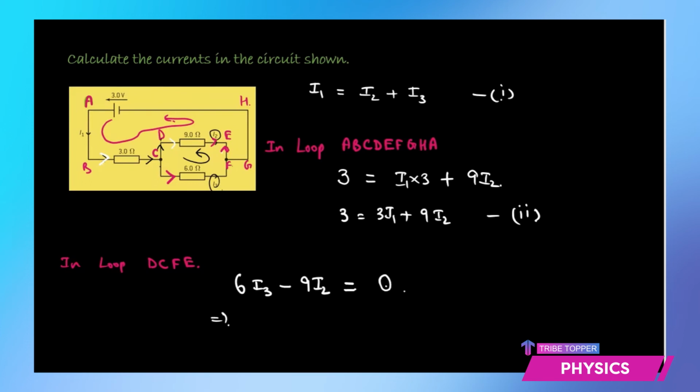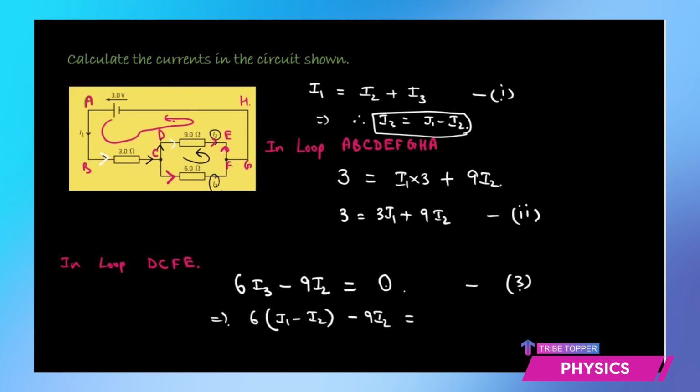Okay, so this is your equation number 3. What we can do is get rid of I3, because from equation 1, I3 can be written as I1 minus I2. So let's put this value of I3 in equation 3. It becomes 6 times I3, that is I1 minus I2, minus 9I2 is equal to 0.